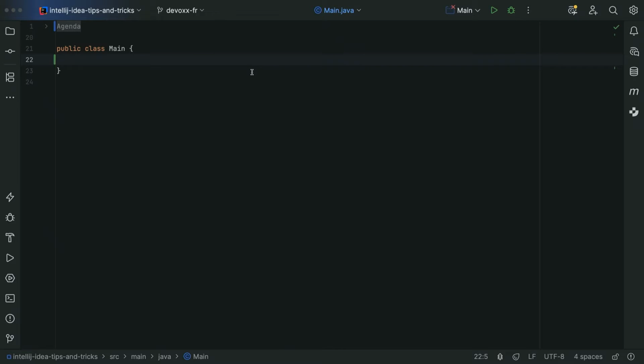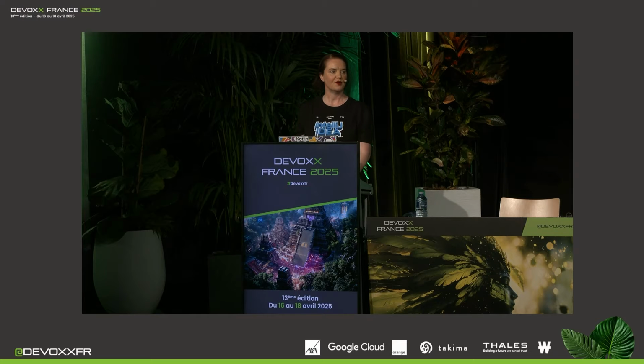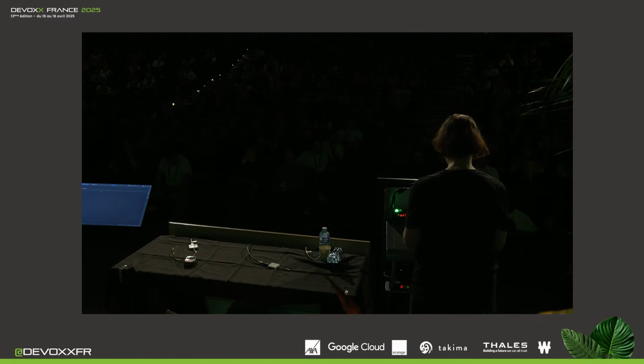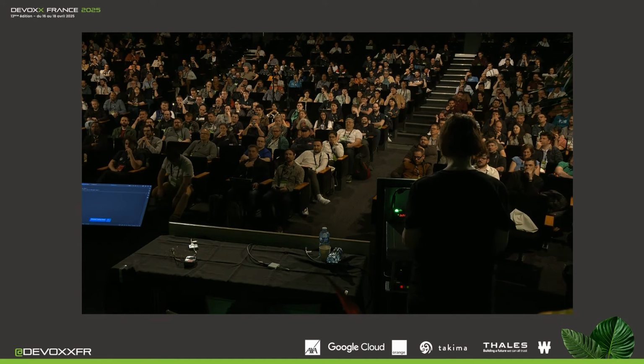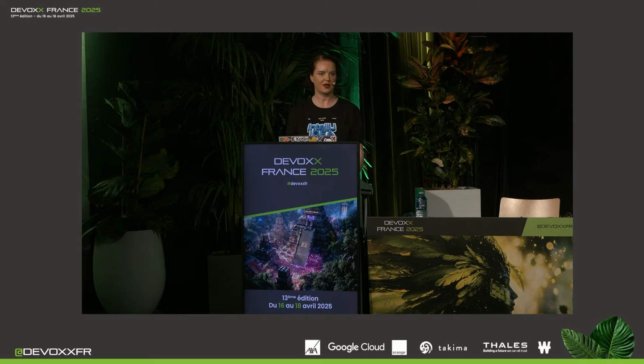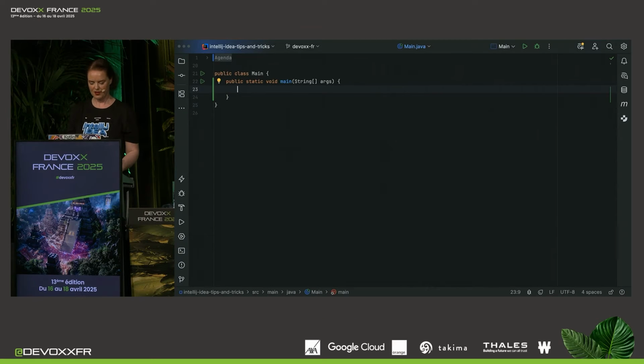Obviously, we have code completion if we write public, static, etc. But there are also live templates. Does anybody know the live template to write a main method? I heard PSVM? PSVM will do for public static void main. Alternatively, we can also simply write main, and that will expand to the main method.